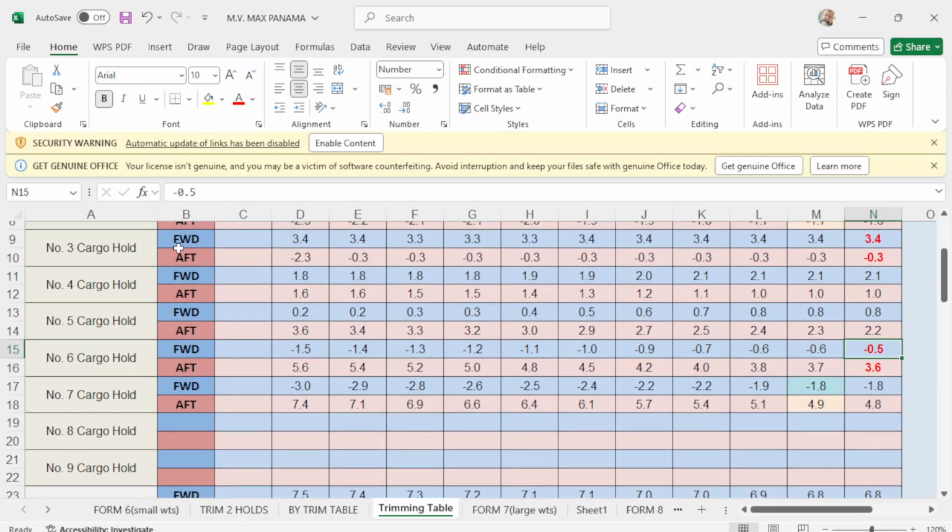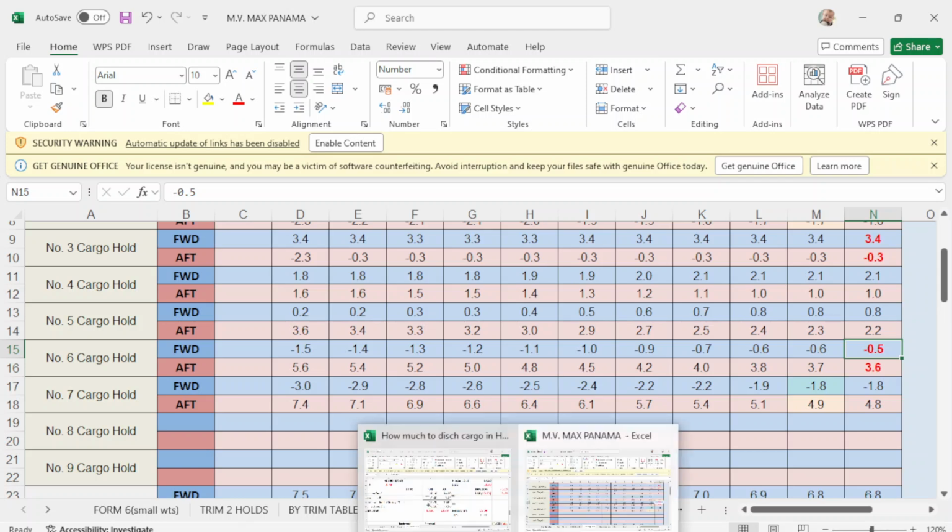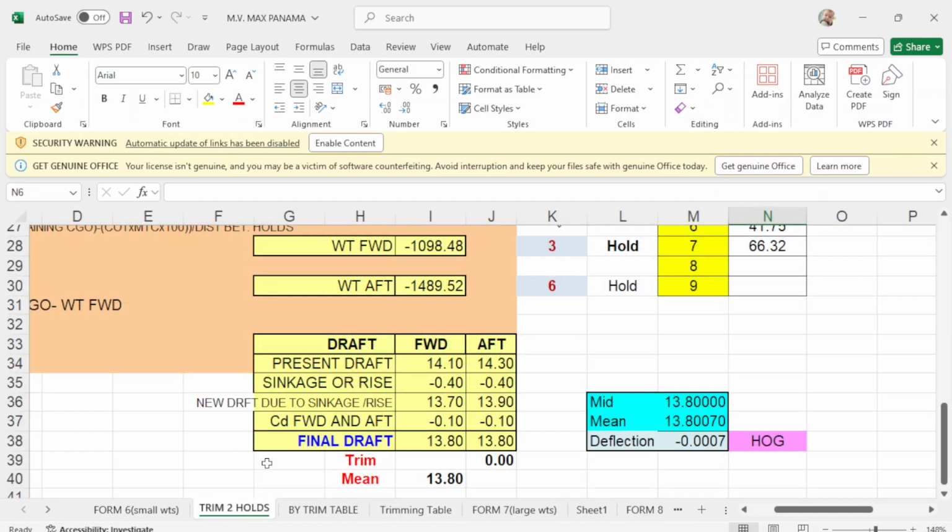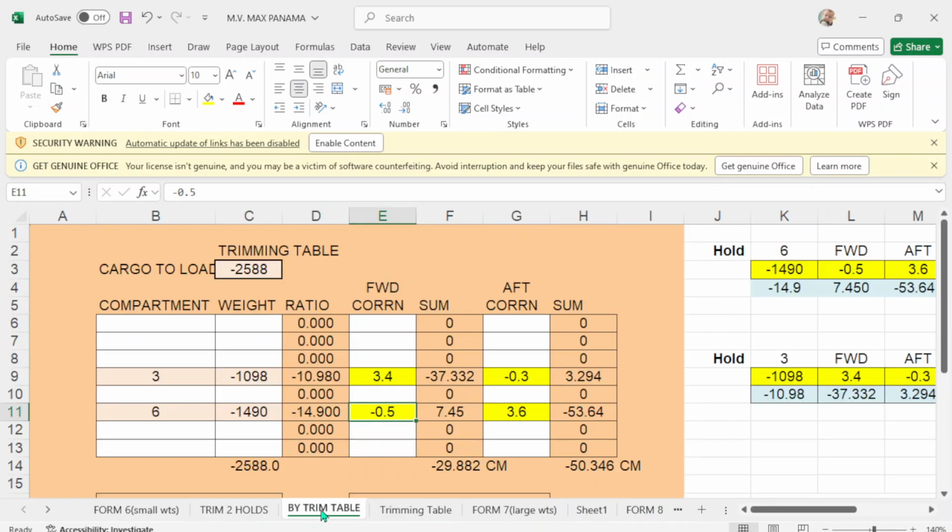This is forward and up correction, and for 14 meters, the forward correction is 3.4. So you put here 3.4. Okay.